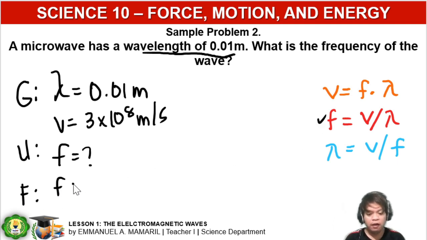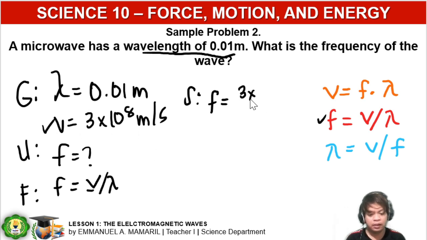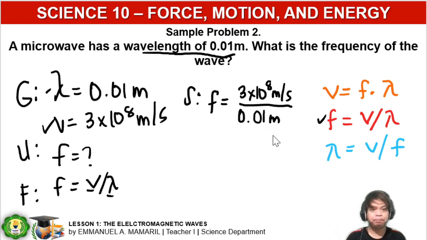Formula number 2, frequency is equal to speed divided by wavelength. So, to solve it, solution, we just use the formula: frequency is equal to, then let us change the values, speed sa ibabaw, which is 3 times 10 exponent 8 meters per second divided by the wavelength, which is 0.01 meter. Okay?